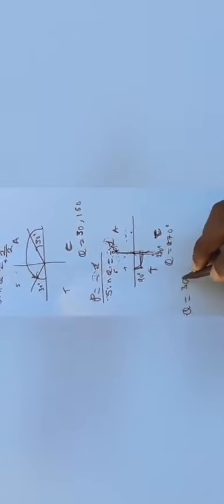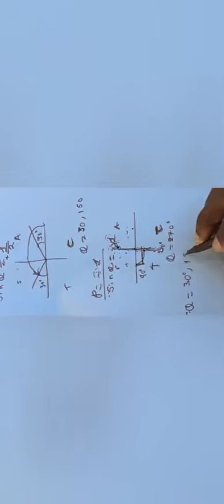That's where 90 degrees is, so the value is going to be 270 degrees. This is the only value. So all the values are: theta is equal to, the first one is 30 degrees, the second one is 150 degrees, the third one is 270 degrees. Makes sense, right?